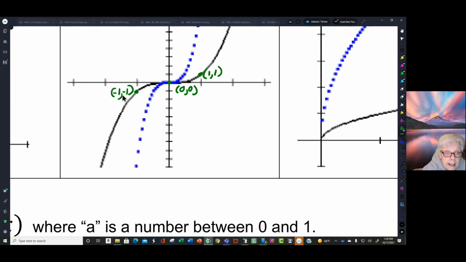We're going to come to the point -1 on the basic function. This y coordinate, -1, will be multiplied by 9, and so it becomes -9.